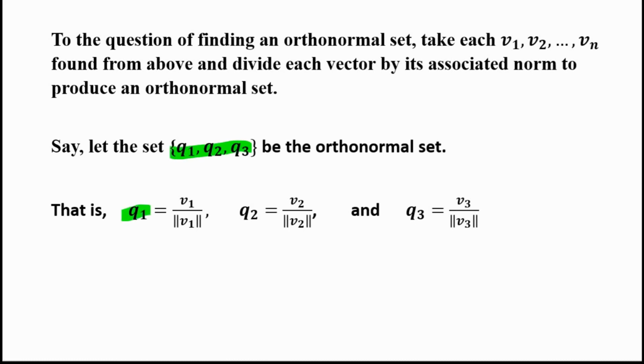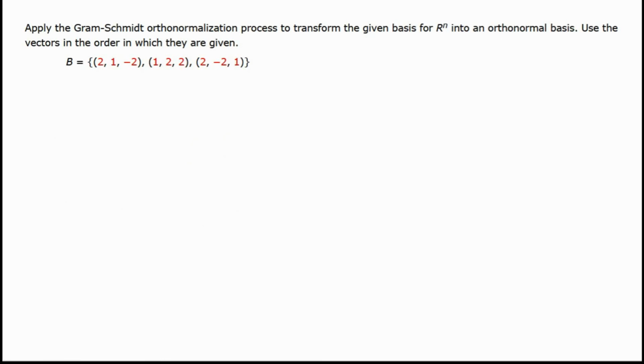Then we can define Q sub 1 as such, and then likewise. That forces the vectors v sub 1, v2, v3, all the way to v sub n, to be written as orthonormal by dividing those vectors by their respective norms. So with that said, without further ado, let's look at this problem.